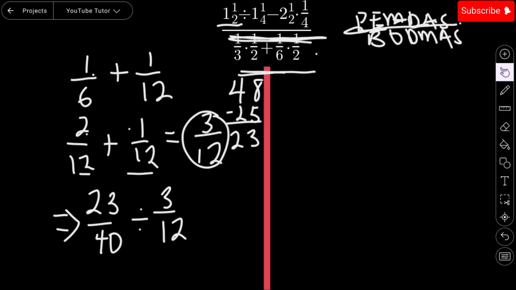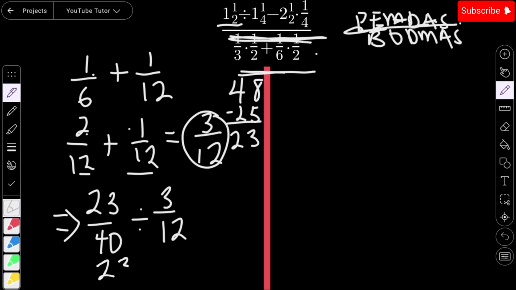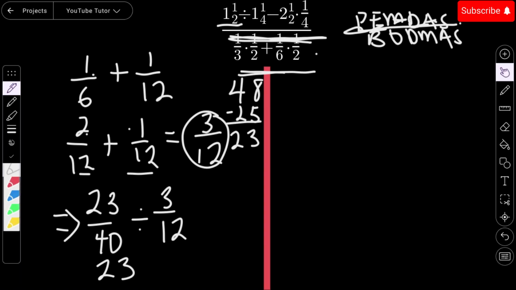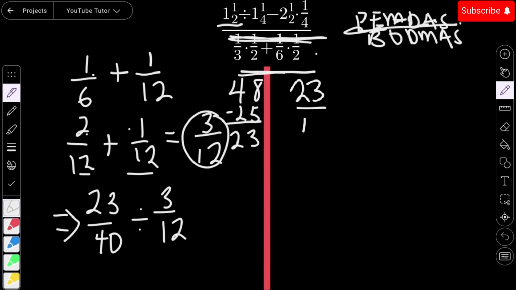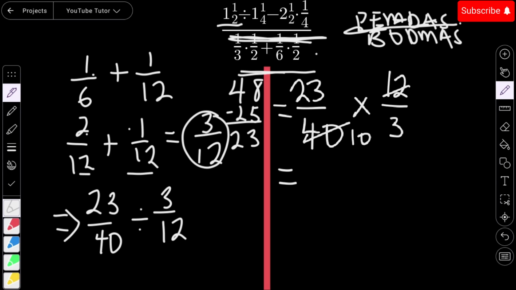We have 23 over 40 times 12 over 3. Now with 40 and 12, you can get a common number to cancel out. 40 can get 4 to go into it 10 times, and that same 4 goes into 12 3 times.